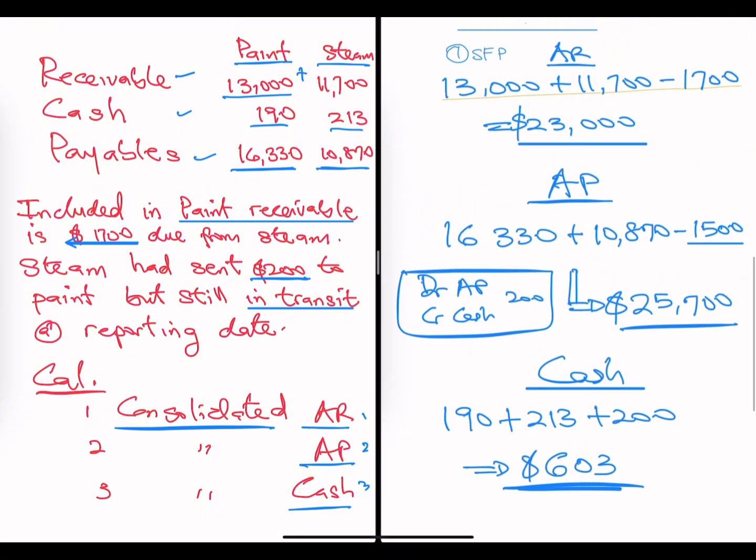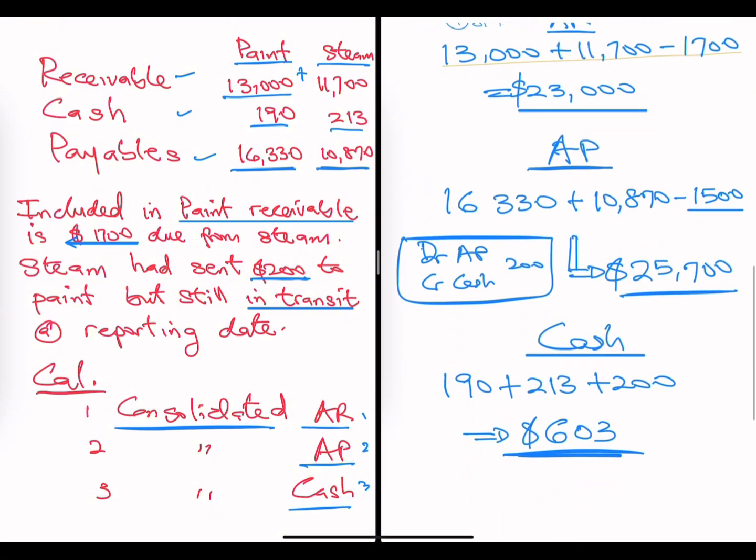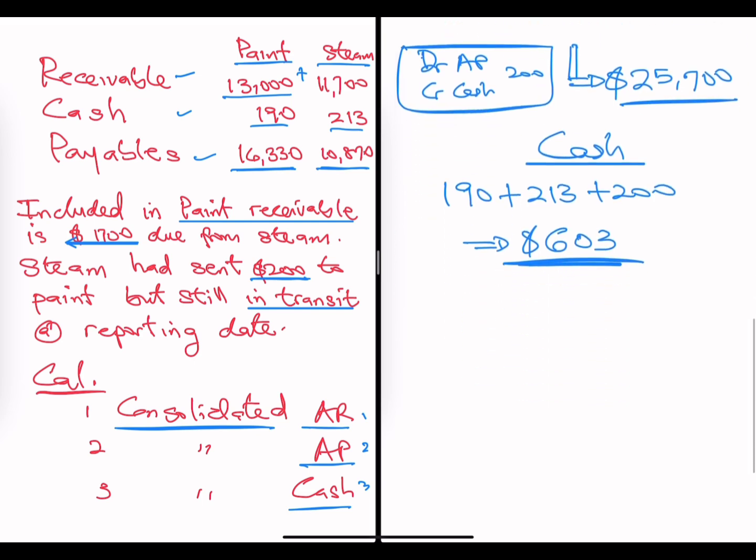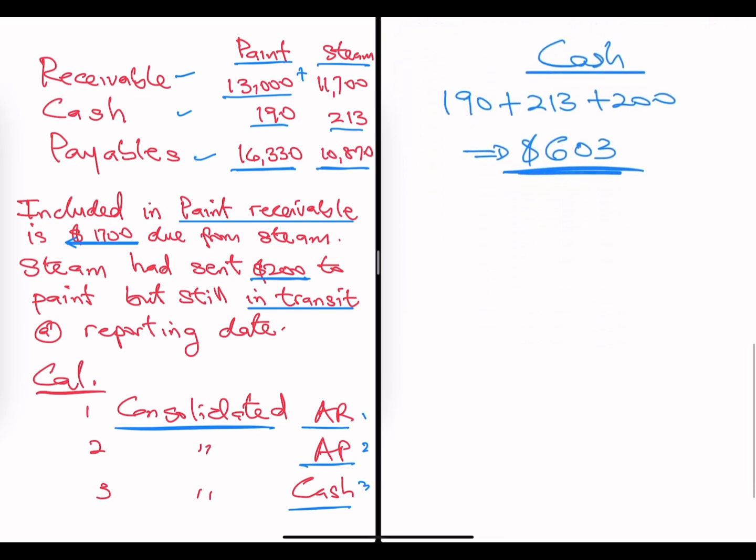So we've done the elimination like this, but I don't like to just add figures like that. I like to show you the debit and credit because that is how you're going to get comfortable with consolidation. Starting from the receivable part, what have we done? We said we want to create a group account. To create a group account, we need to move all these balances to the group account.